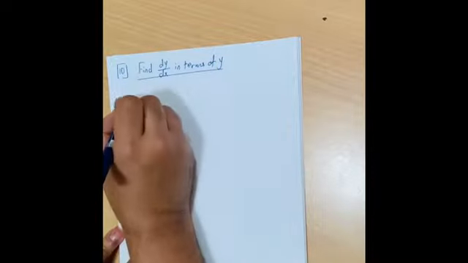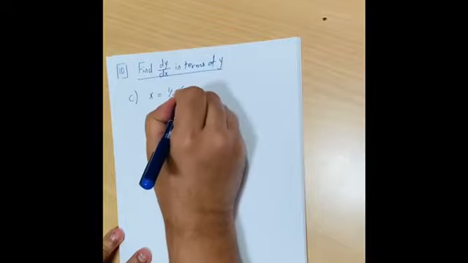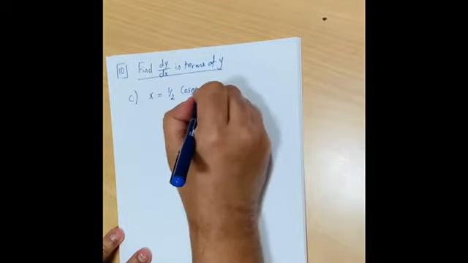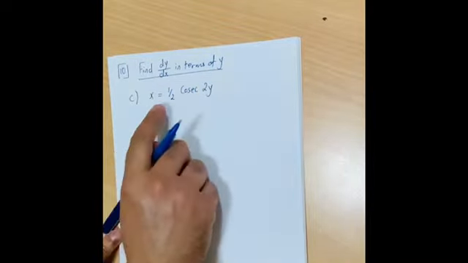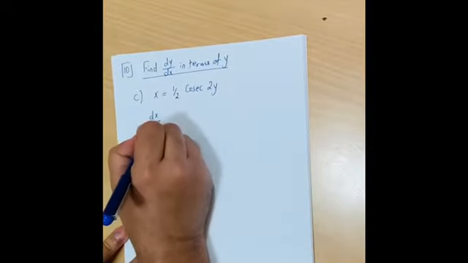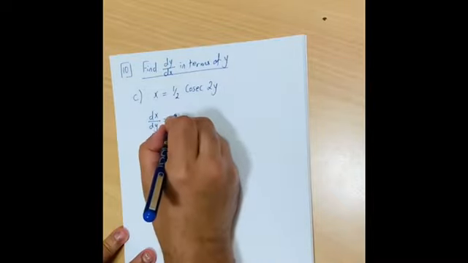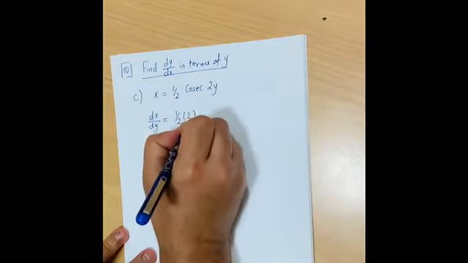For example, in part C, x is equal to half cosec of 2y. X in terms of y. So we're going to differentiate x with respect to y first. Differentiation of 2y is 2, and then half times 2.